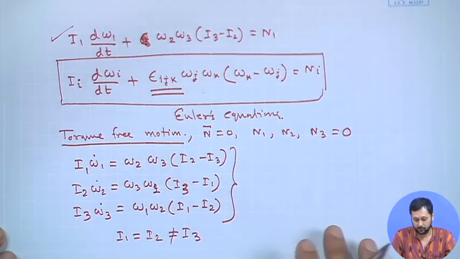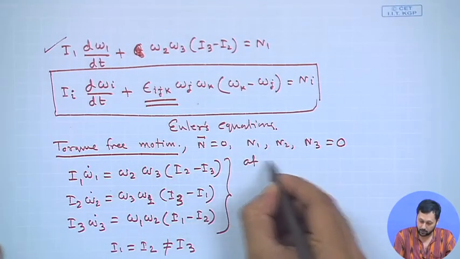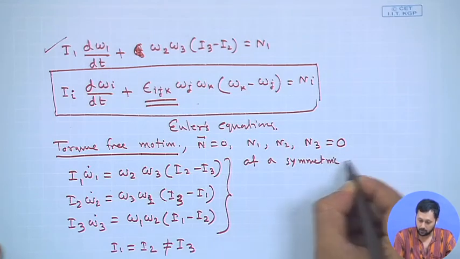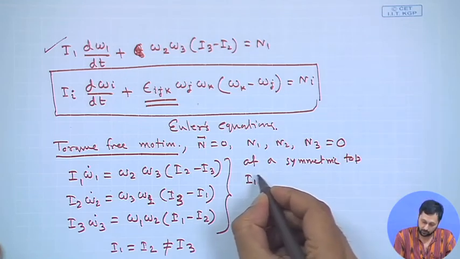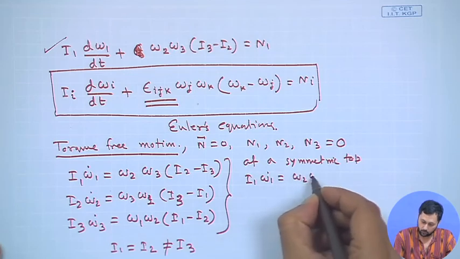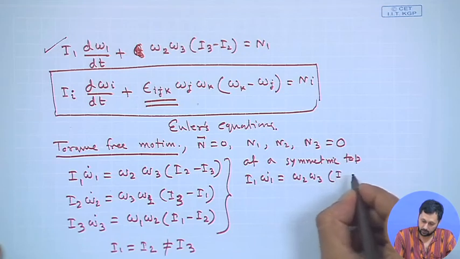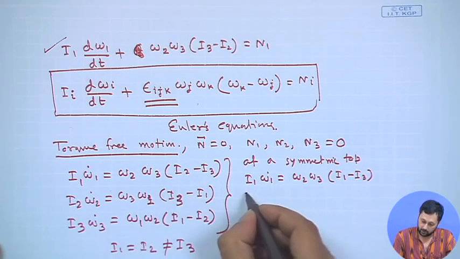Now, if we simplify these equations a little more for torque free motion of a symmetric top, then the equation becomes I1 omega 1 dot is equal to omega 2 omega 3 (I1 minus I3), because I1 and I2 are identical. Okay.